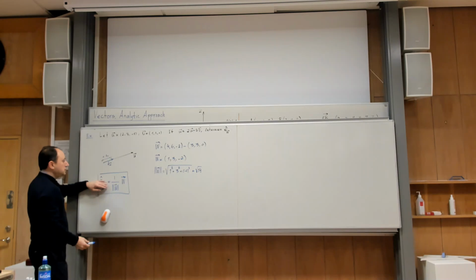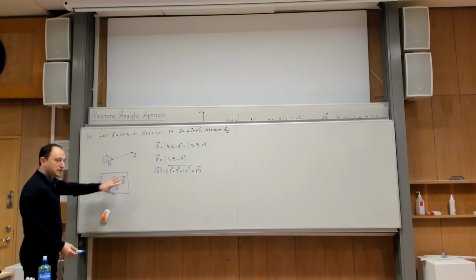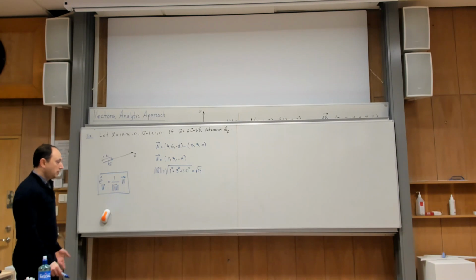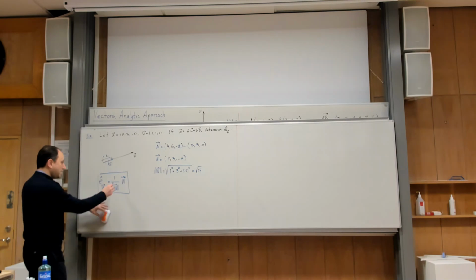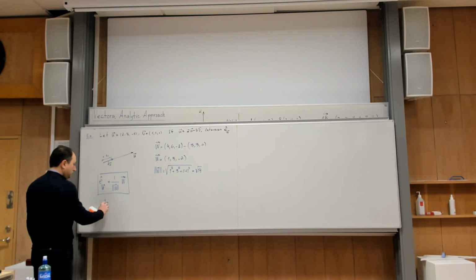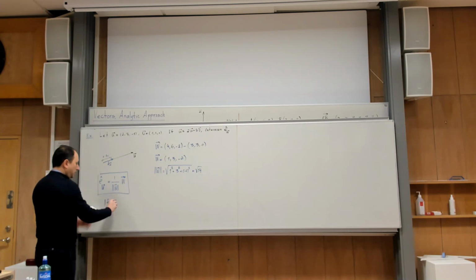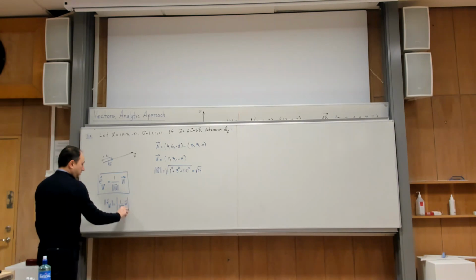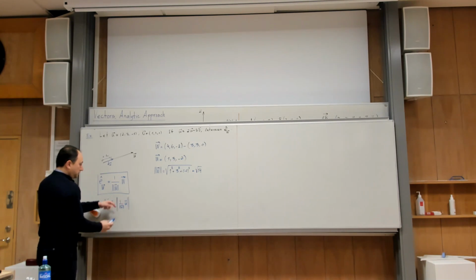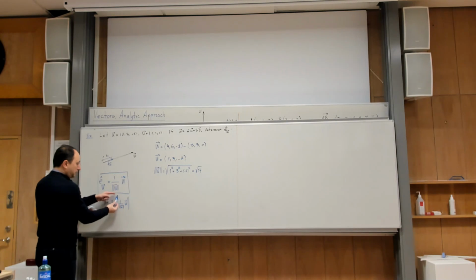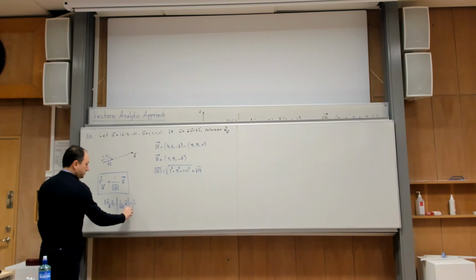But then the point is, is the length of this generated vector indeed 1? The answer is yes. If I ask you what is the norm of this vector, I have to find the norm of this vector. Do you remember, if I have a number inside the norm, I can make it an absolute value and bring it out, but I don't need the absolute value because it's positive.